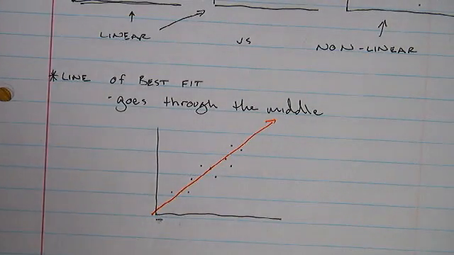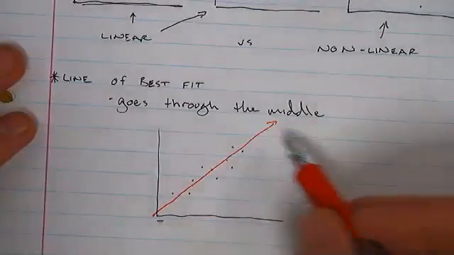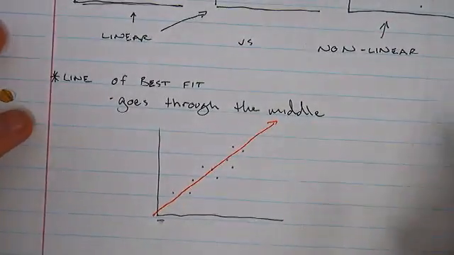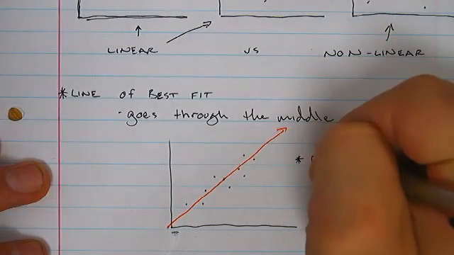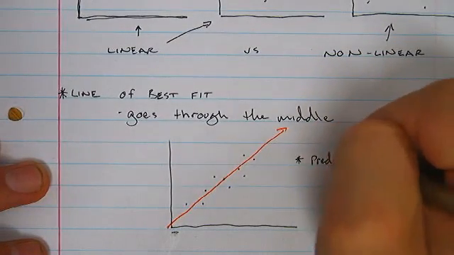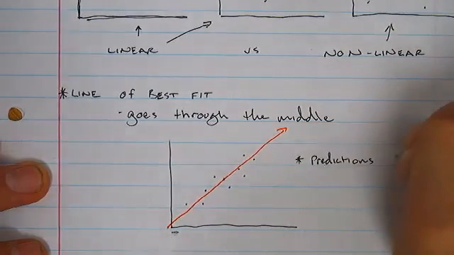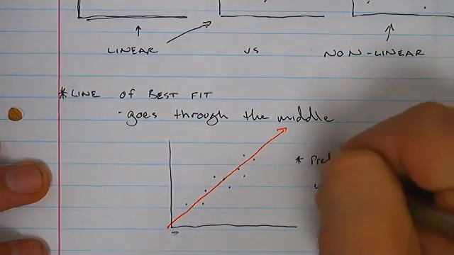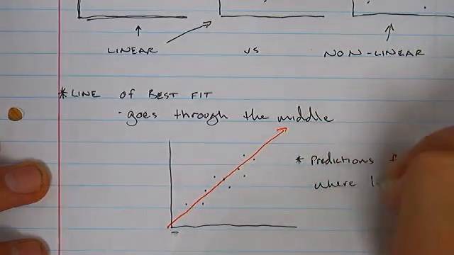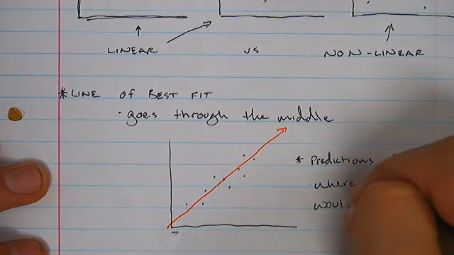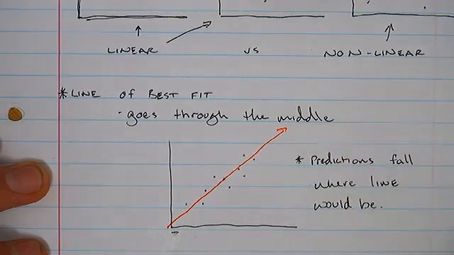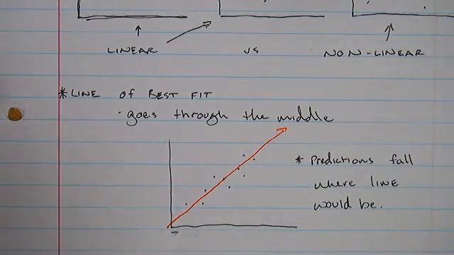That's our line of best fit, and that's going to help us make predictions. Any prediction needs to somewhat resemble where that line would be. Predictions fall where the line would be.